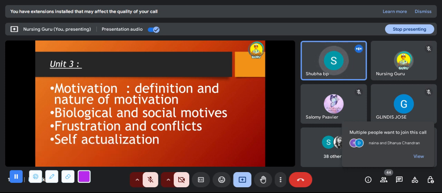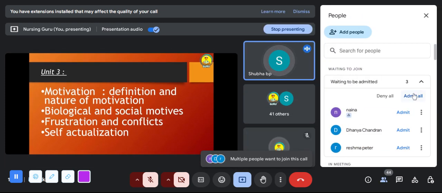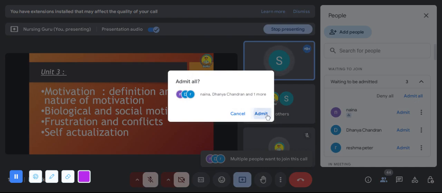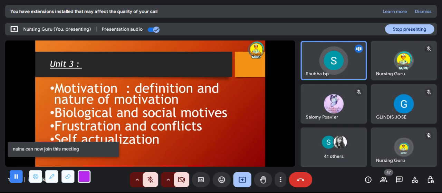In the nature of motivation there are theories also, so you should know the theories of motivation also. So in unit 3 the motivation topic is very much important, so you should concentrate more on the motivation topic from unit 3.